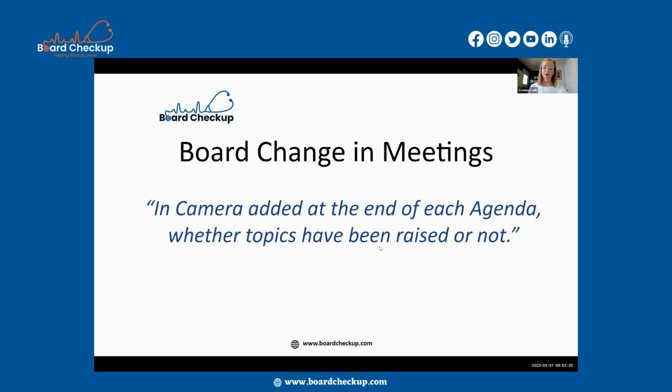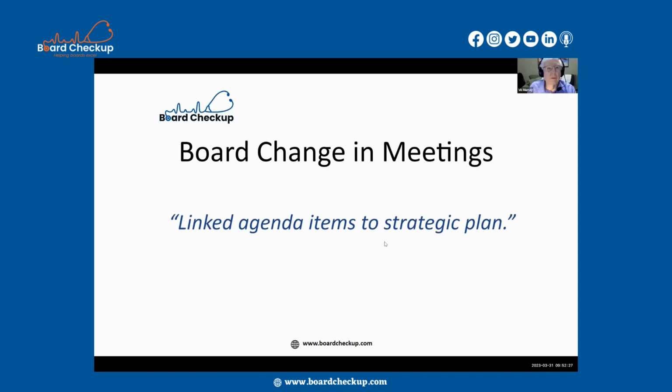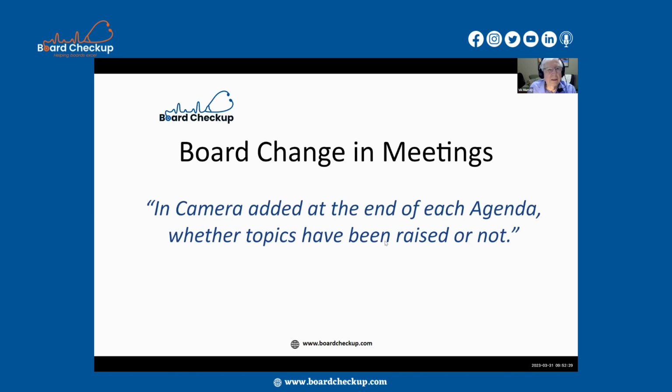In camera added at the end of each agenda, whether topics have been raised or not. What's that mean? Well, probably they send observers out so they can talk about stuff that they don't want in the minutes.